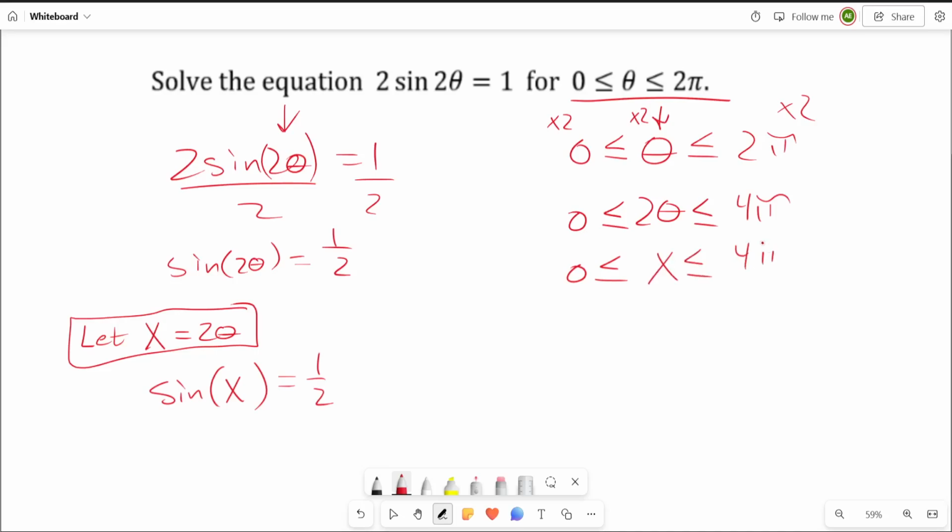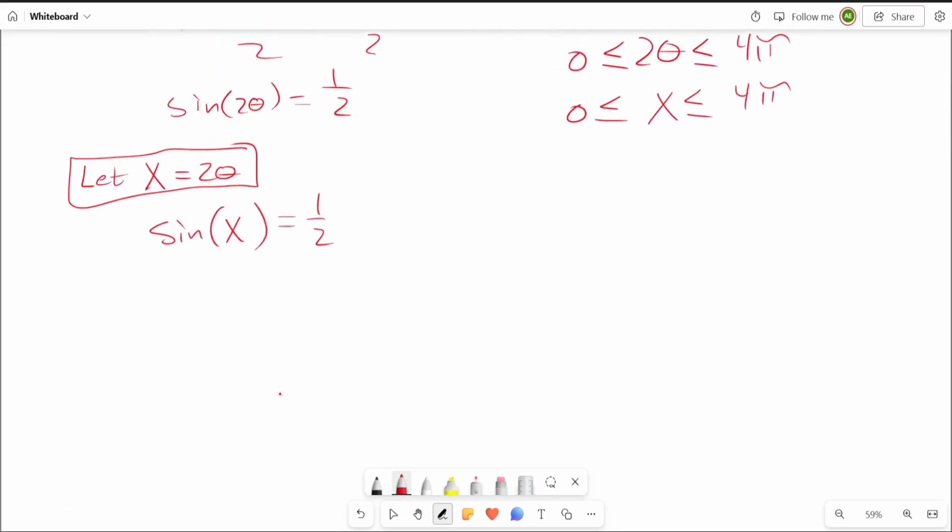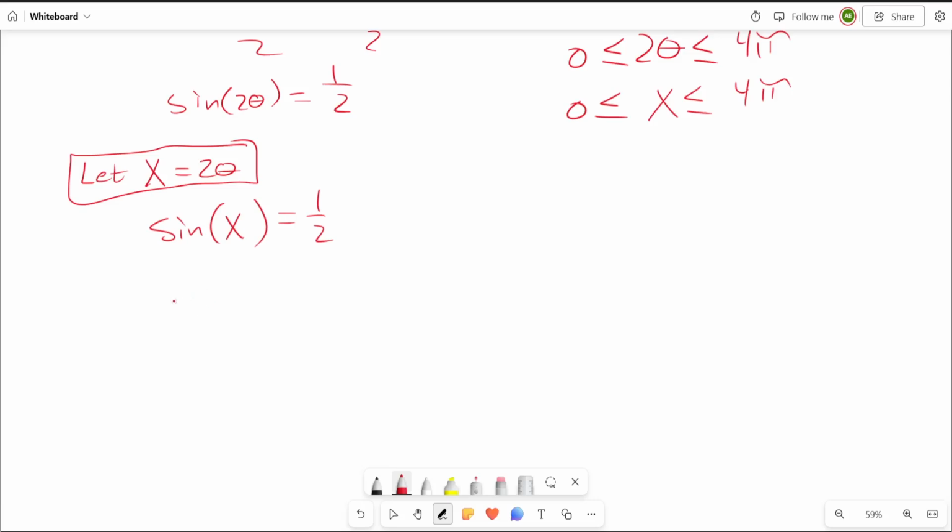Okay, continuing from here, I will find my base angle by doing sine inverse of half. This is going to give me an answer in radians of pi over 6. So this is my first angle.